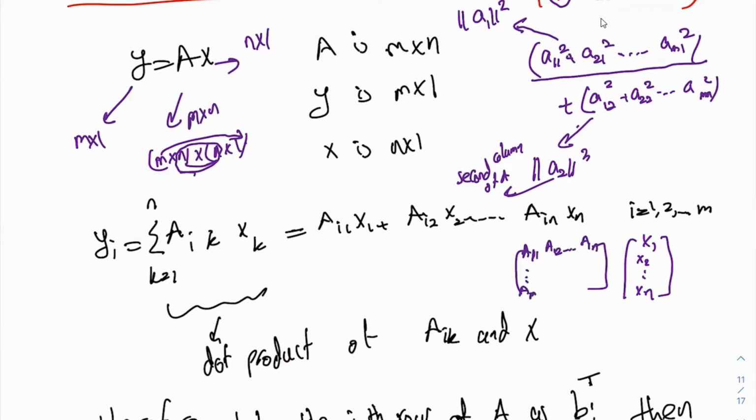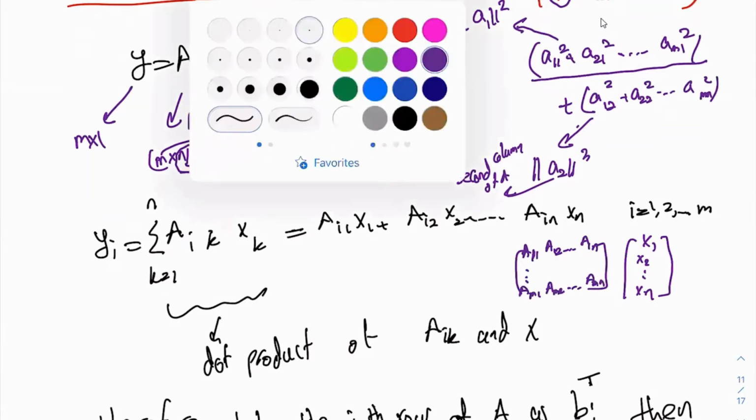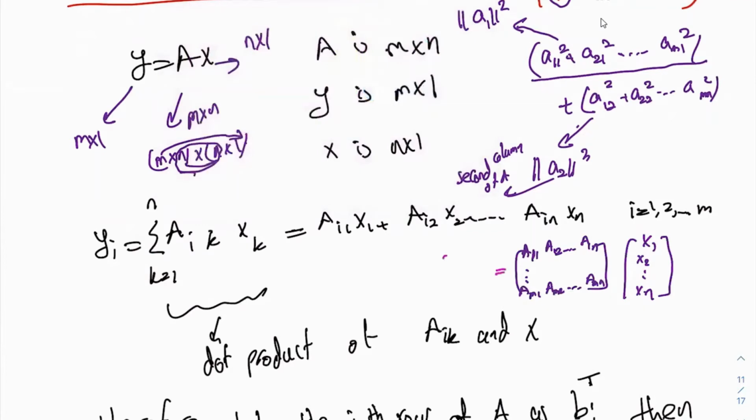Here we have am1, am2 all the way to amn. So this is equal to what? This is equal to y1, y2 all the way to ym. So remember, y is m-dimensional.